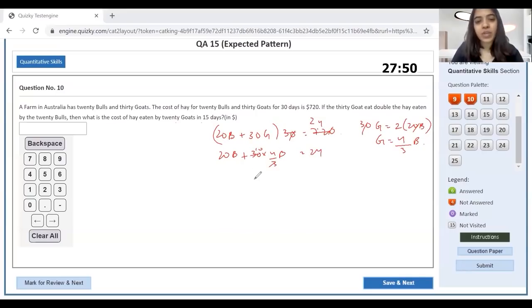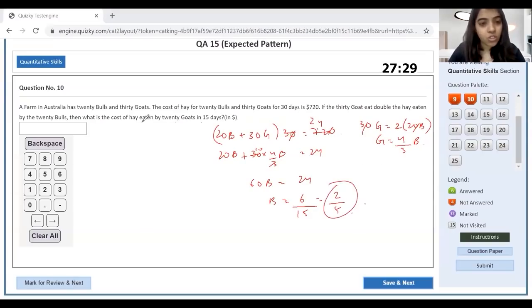So we have 40 plus 20, 60 B is equal to 24. B is 2 by 5, hay in a day. Let's just forget the units for a while. B is 2 by 5.